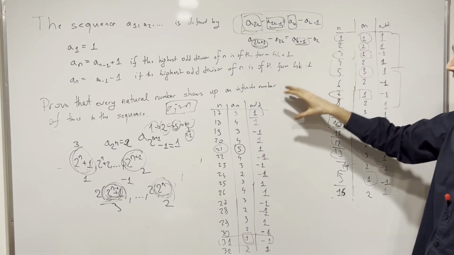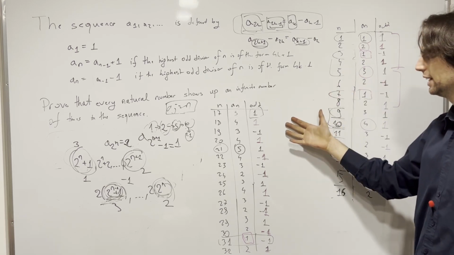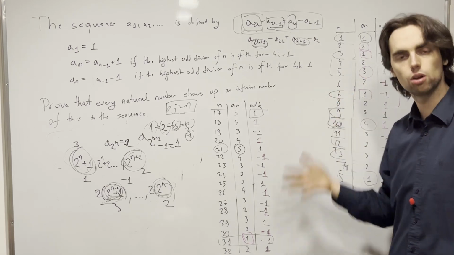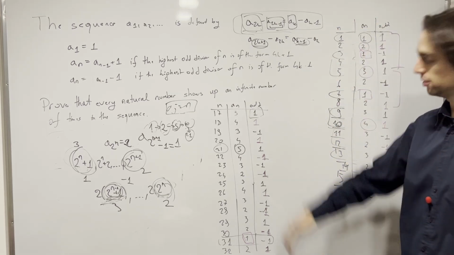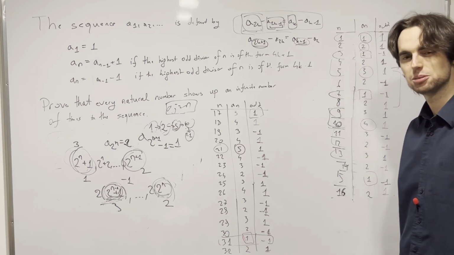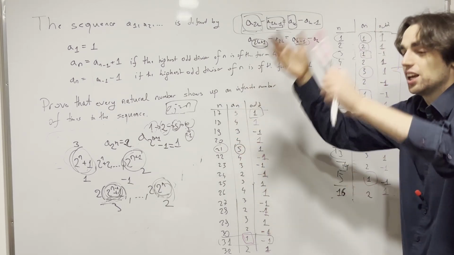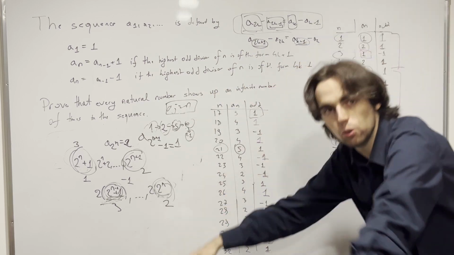But the reason I want to show you this video is because this is what it sometimes takes to solve competitive mathematics problems. You write down the first 31, 32 members of the series so you can figure out what's happening, because at the beginning you have no clue what's happening.